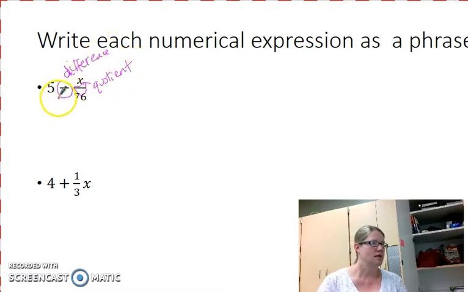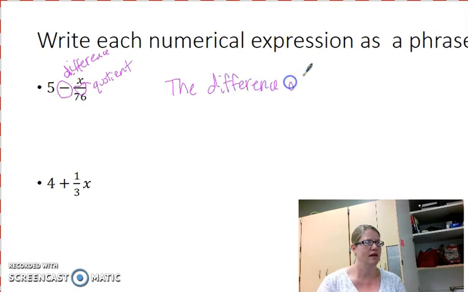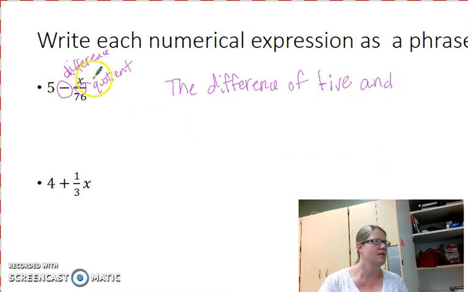Since this difference is the main thing we're doing here, I'm going to start with difference. So this would be the difference of, now remember the first thing in the difference comes first, so I'm going to say of 5. Okay, so the difference of 5 and something else. The something else is not just a number, it is a quotient.